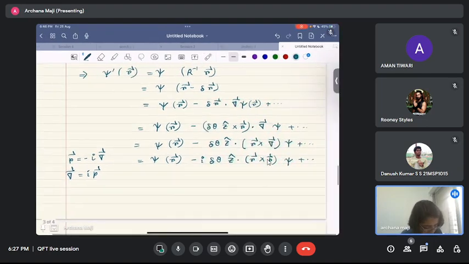So this implies psi prime of r is 1 minus i delta theta z r cross p.